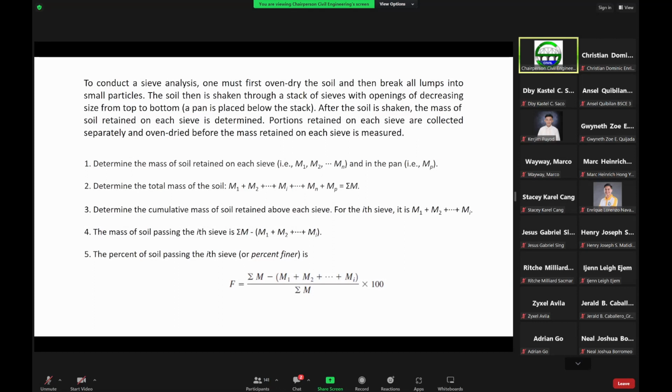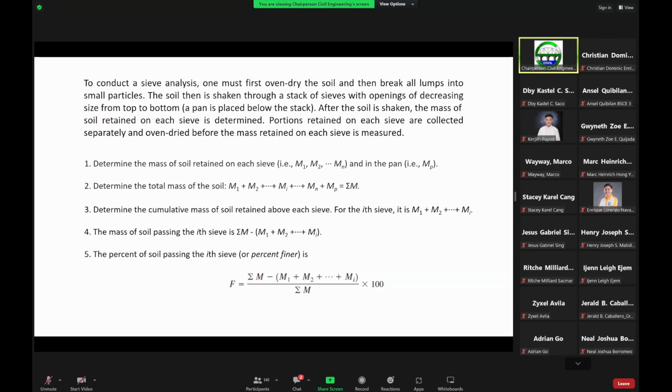A pan is placed below the last sieve. After the soil is shaken, the mass of soil retained on each sieve is determined. We measure each mass retained in each sieve.